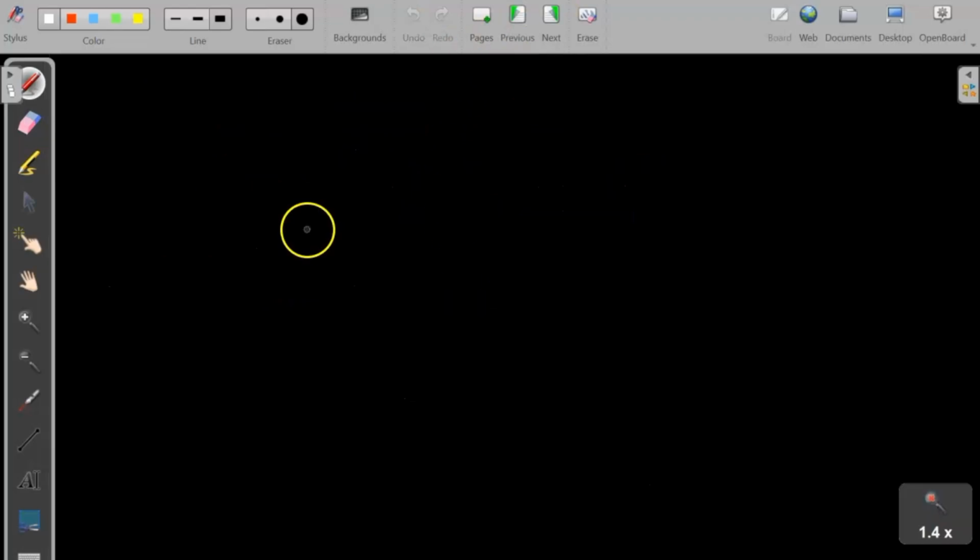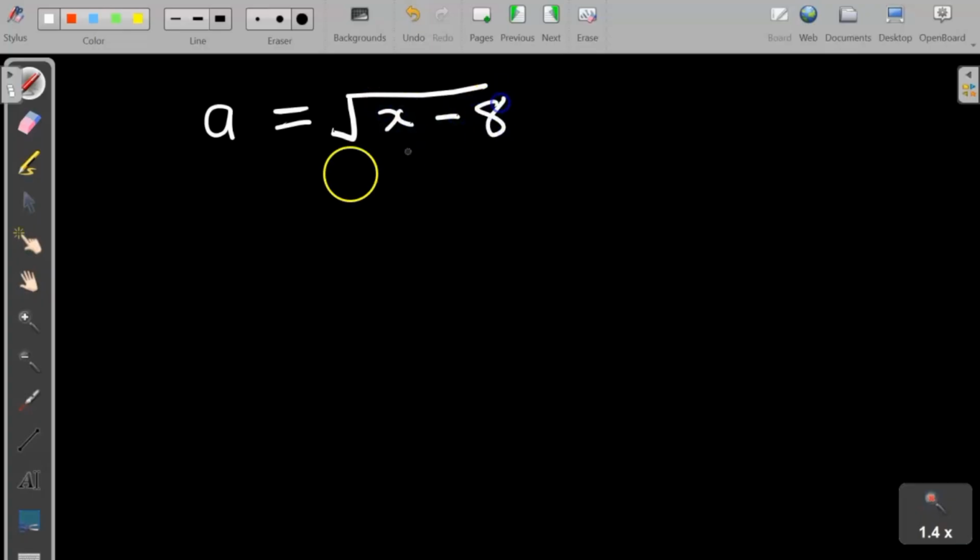The next thing I'm going to do is to get a squared and b squared. A is equal to root x minus 8. Therefore, a squared will be x minus 8.